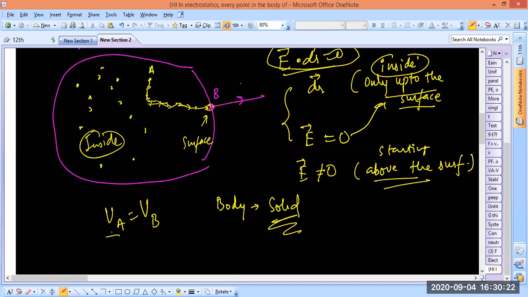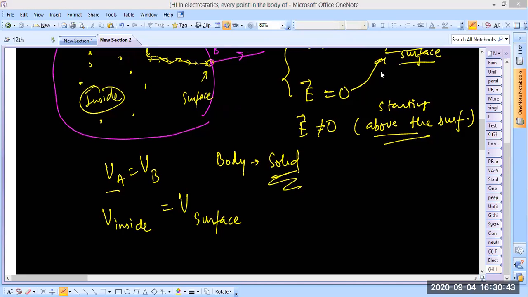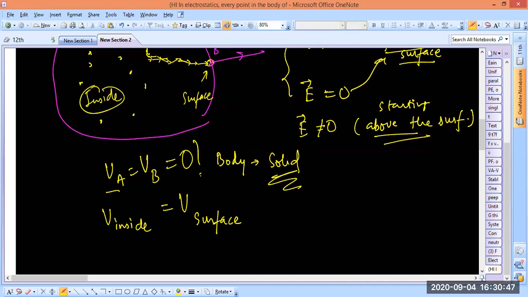That's why VA is equal to VB, and for VA I can put potential inside, and for VB I can put potential at surface. So that's how I'm saying that potential inside and at the surface is the same. All right, Purvendra. No, Jay, no. VA is equal to VB. I'm not saying this is equal to 0. I have not written that anywhere. I'm not saying this is equal to 0.